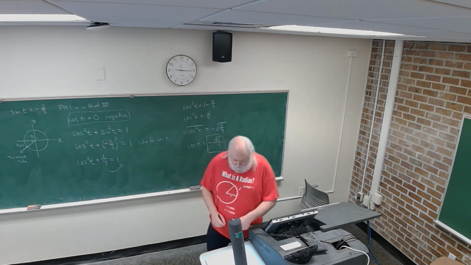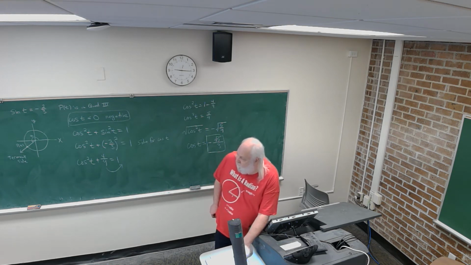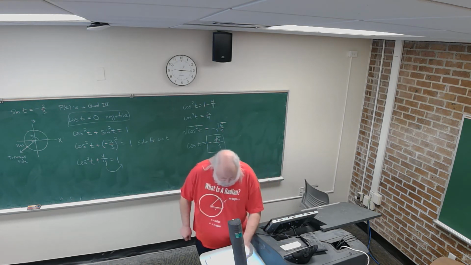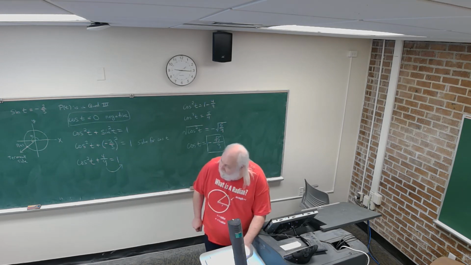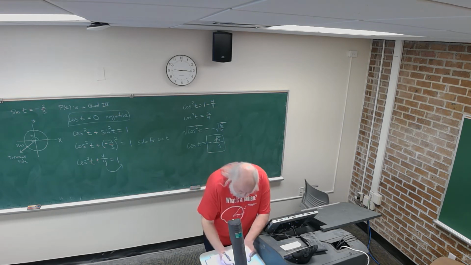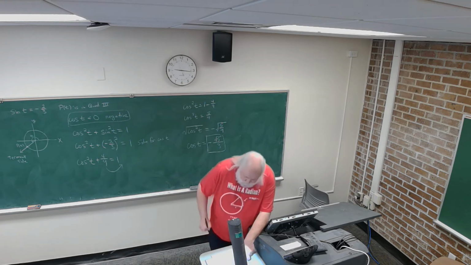Okay, so that's the angle pi over 2 radians or 90 degrees. Since the terminal side goes through the point (0, 1), this terminal side is on the y-axis. Okay, we have the cosine of pi over 2 is equal to the x-coordinate, which is 0, and the sine of pi over 2 is equal to 1.